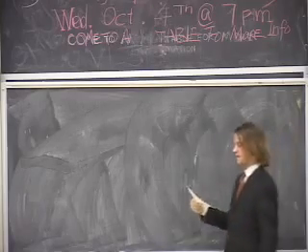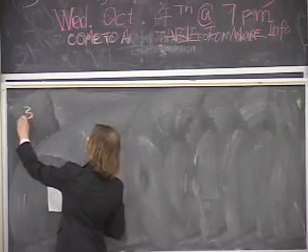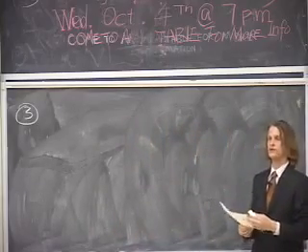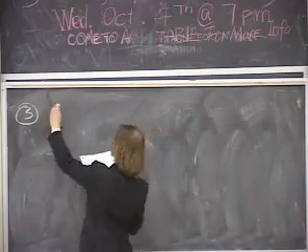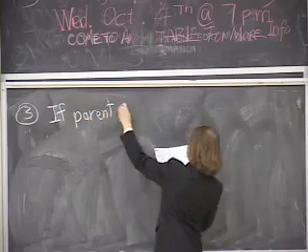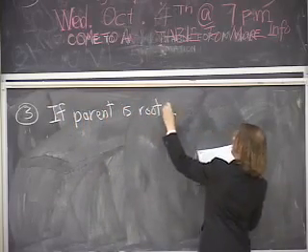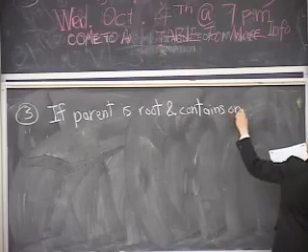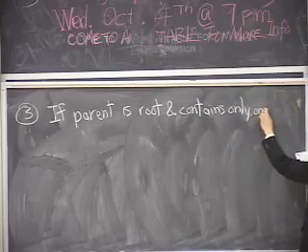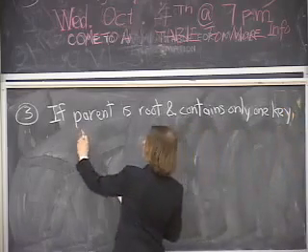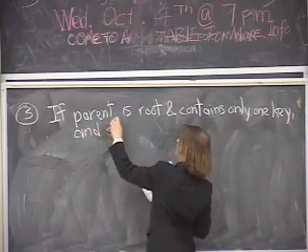All right, the third case is like the second case, except that your parent is the root and has only one key, and your sibling only contains one key.